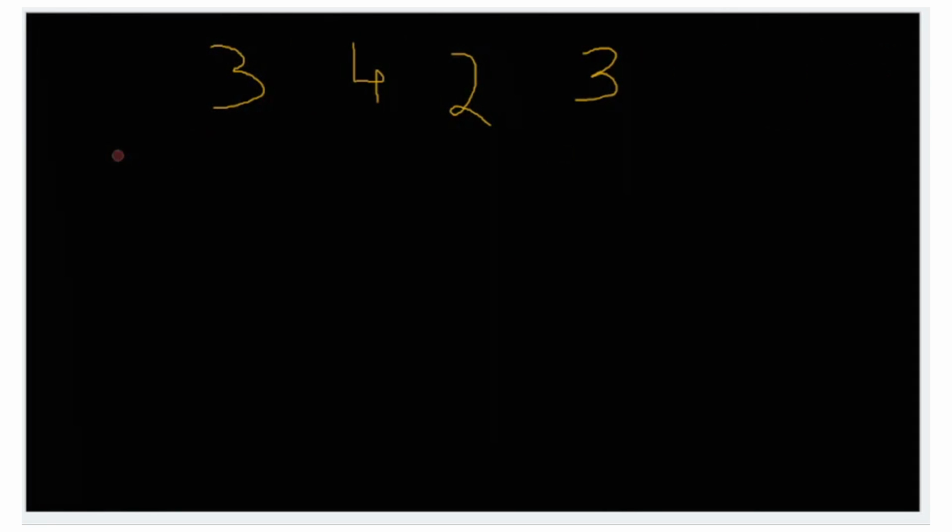Again take C as 0. We'll compare. Is 3 greater than 4? No. C will stay 0. Coming here, is 4 greater than 2? Yes. Make it 1. Again, is 2 greater than 3? No. C is 1.